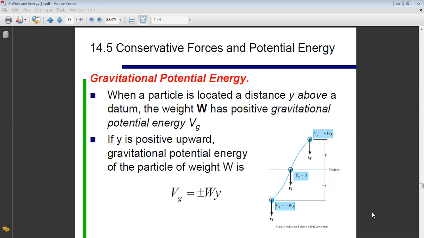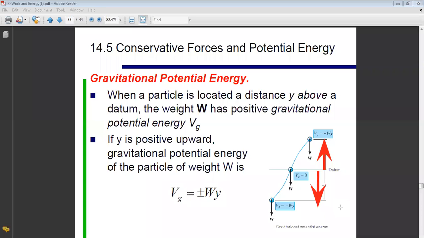Now, what they are saying here is that if you choose a y-axis positive upward, then the expression of Vg will be plus Wy. Because when y is positive, it will give me a positive Vg, and when y is negative, it will give me a negative Vg. On the other hand, if you choose your y coordinate downward, then the expression of V will be minus Wy. Because in this case, it will be opposite.